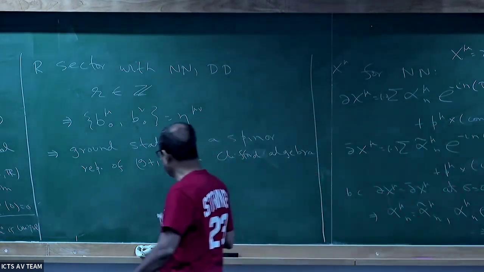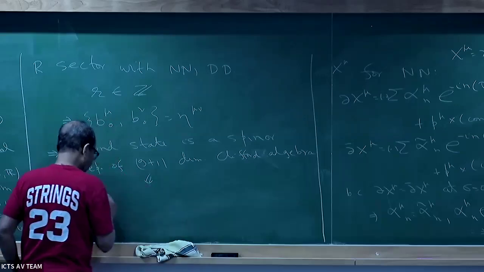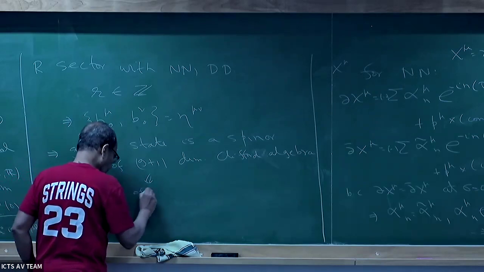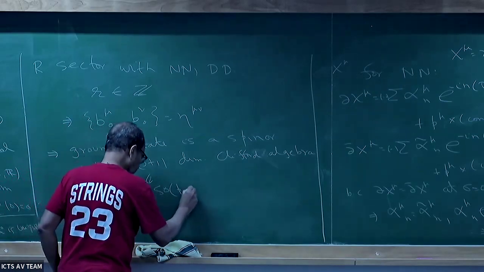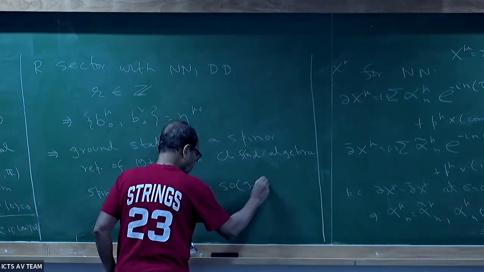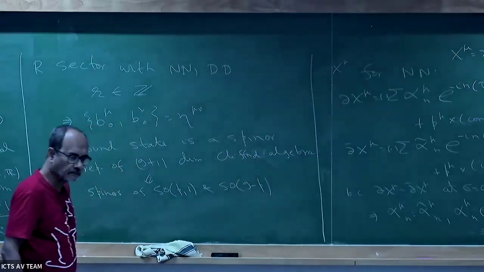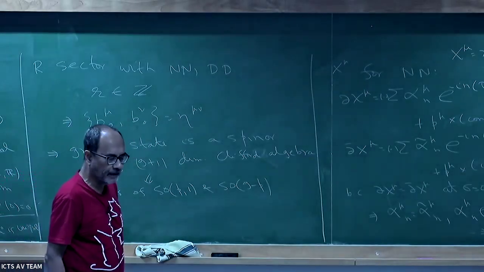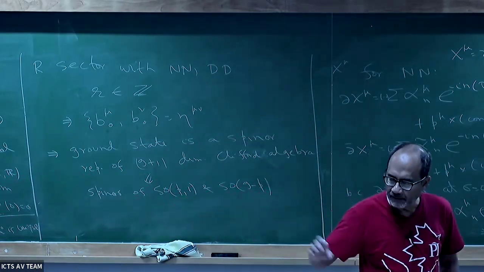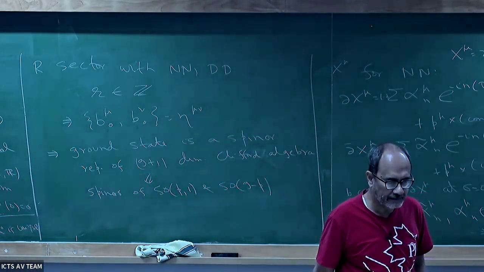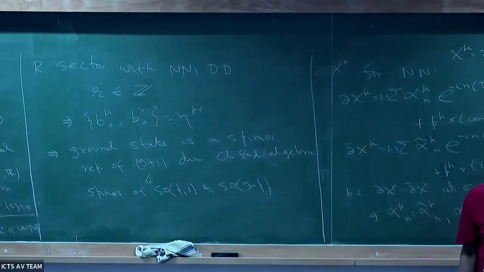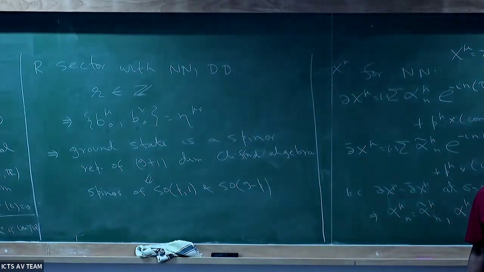So these will basically become spinors of SO(p,1) and SO(9-p). This is just by decomposing the original 9 plus 1 dimensional spinor into representations of the subgroups. Is this clear?